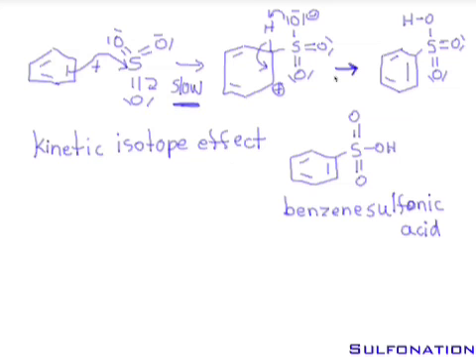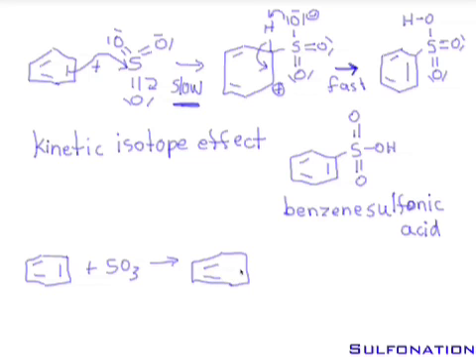So when it's hydrogen, you get this. But if I redraw the reaction, and the first step is exactly the same, this time I'm going to just write SO3. But we have deuteriums on our benzene. Okay, so we have deuterobenzene. If we're using deuterobenzene, I'll see this guy form.